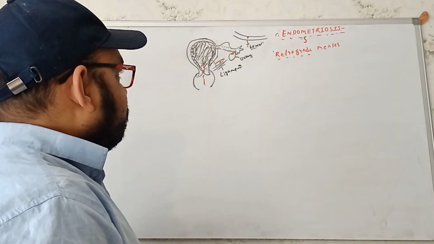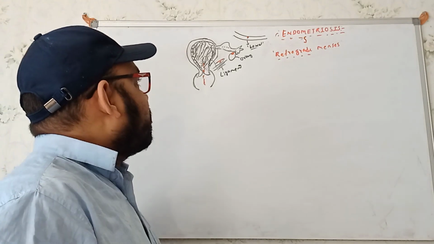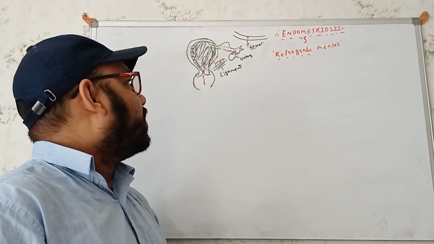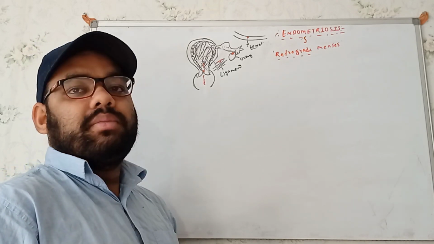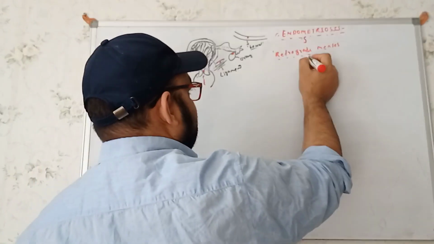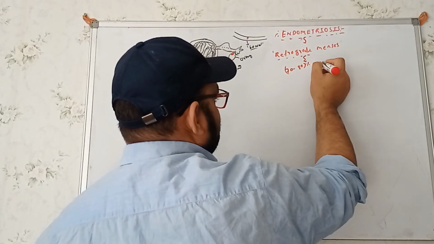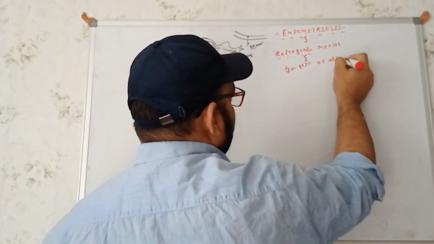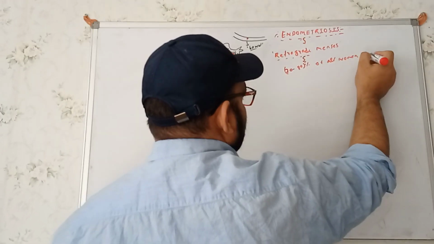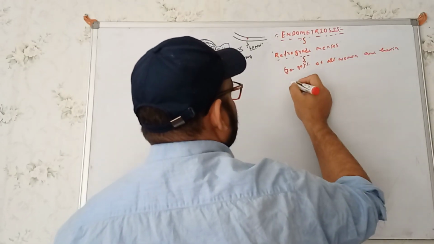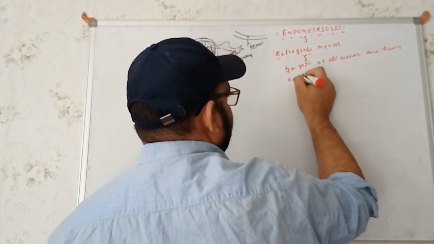Now, near about 70 to 80% of all women have the retrograde menses.